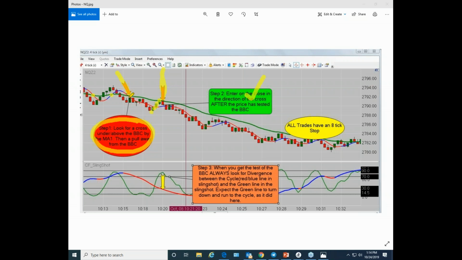It's all color coordinated, so if we have a red MA1, we should be looking for a red candle or a down close. So again, the normal thing for the market to do is gravitate toward that green line, and then we're looking for the close in the direction of the trend. All right, here's the curveball.